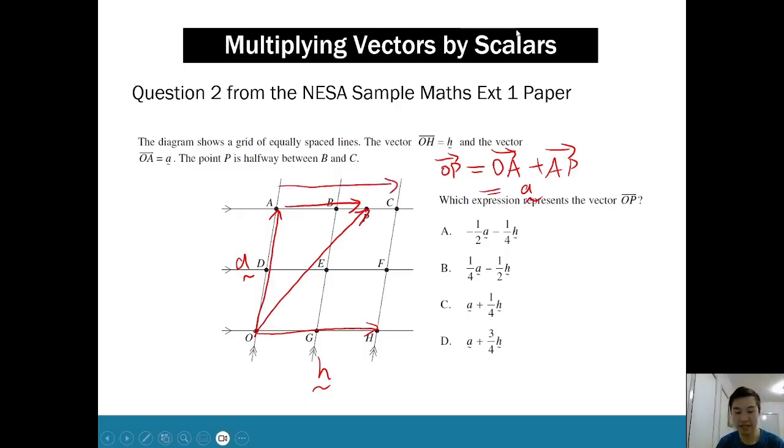They're both H because they're the same direction and the same length. However, AP is not the same length as OH. If we split these into quarters, it's actually 3/4 of the length of AC. So AP is actually going to be 3/4H. So therefore, that will give us D as our answer. So that assesses our knowledge of vector addition and also multiplying vectors by scalars.